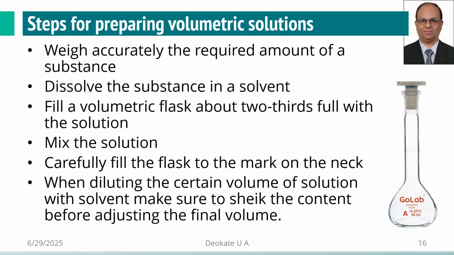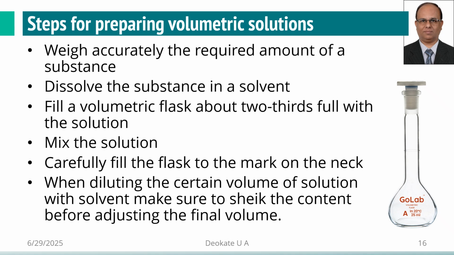When diluting a certain volume of solution with solvent, make sure to check the content before adjusting the final volume. In dilution methods, we take 1 ml of stock solution and dilute up to 10 ml, not with 10 ml. It is up to the 10 ml with the solvent.